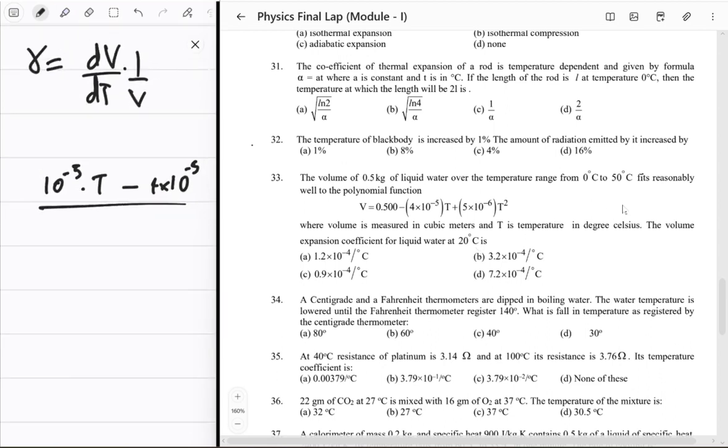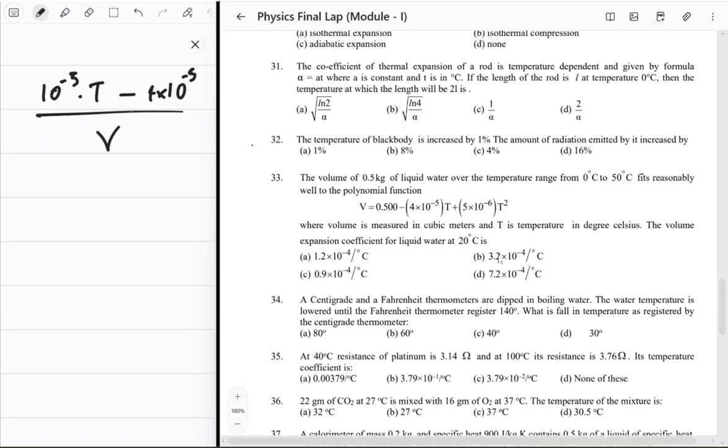So where do we need it? At 20 degrees Celsius. Okay, we'll find the volume, no big deal. So T will be 20. Okay, so 4 times 10 power negative 5 times 2 times 10 power 1, so this is 8 times 10 power negative 4, right?